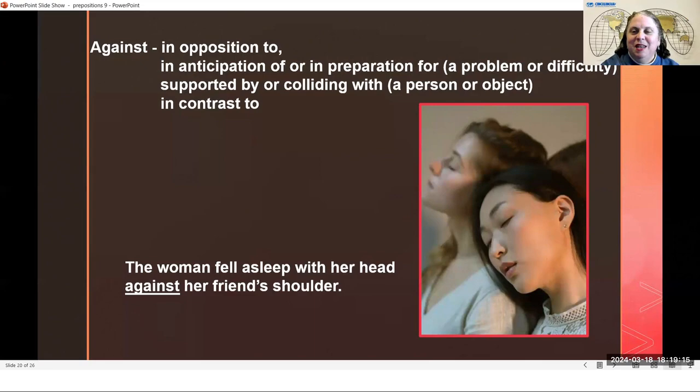But instead, because her friend's shoulder is there, she can lean down and the shoulder will support her head. So the ladder was supported by the wall, and here, this woman's shoulder is supporting her friend's head while she is sleeping.